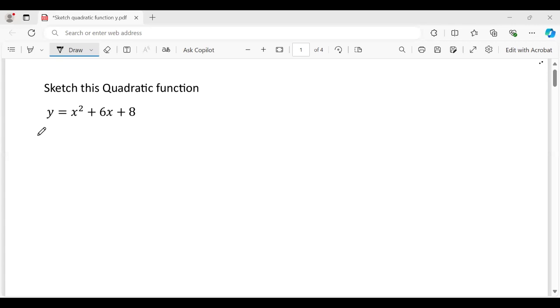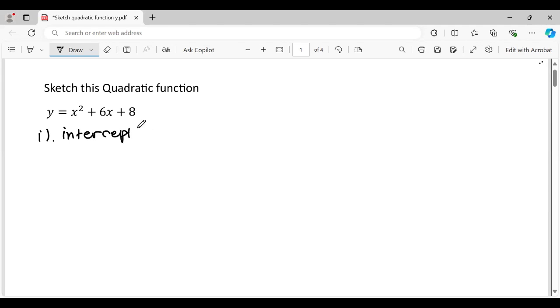The first step, you have to find the intercept point. The intercept point is a coordinate point on the x-axis.